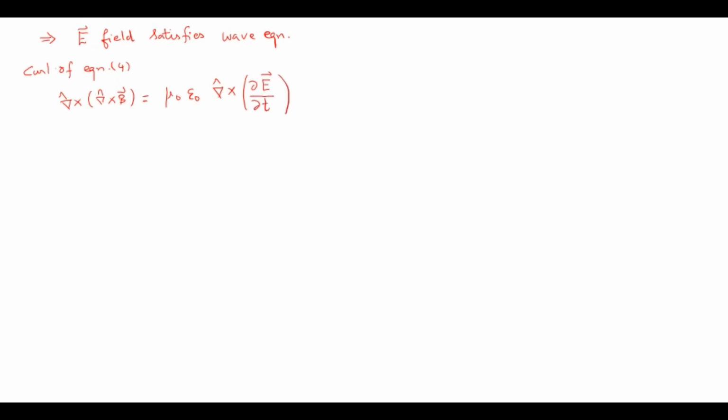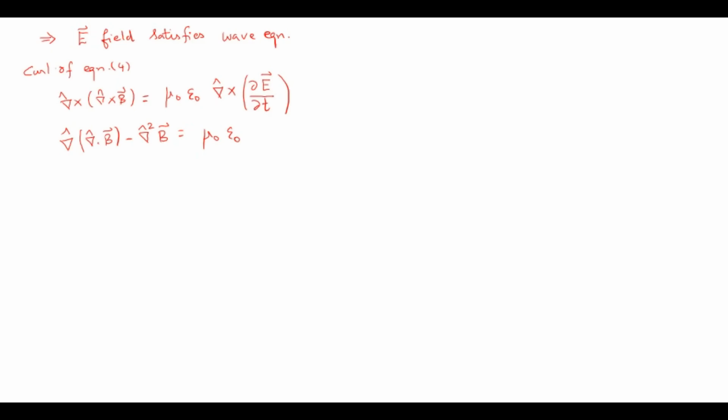So the same logic I am going to apply. This is gradient of divergence of B vector minus del square B vector. This is mu naught epsilon 0, and for the same reason, since the spatial and time derivatives are independent here, we can flip the order.